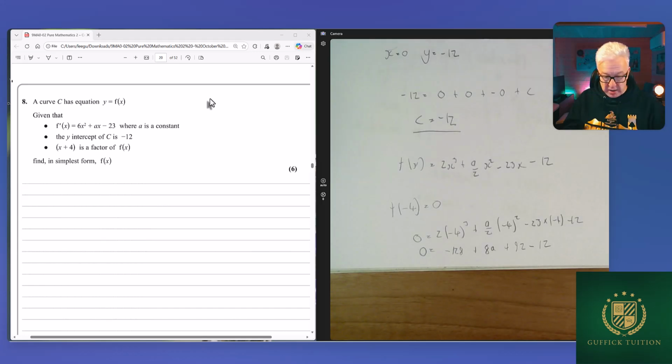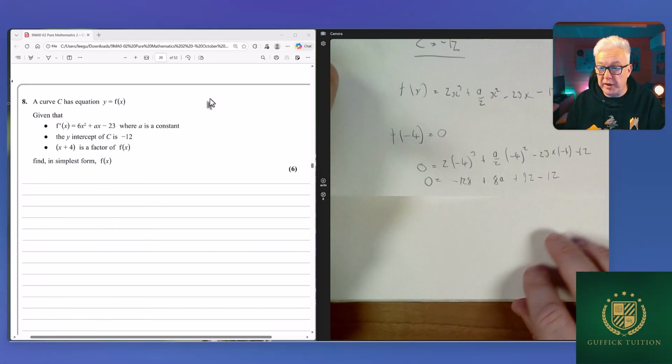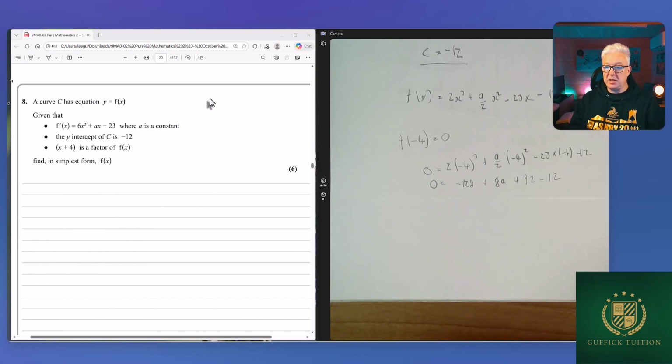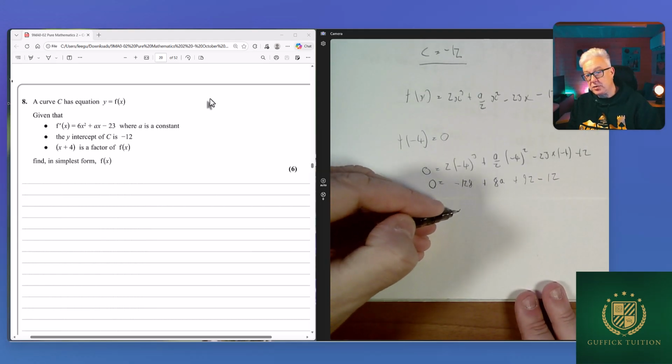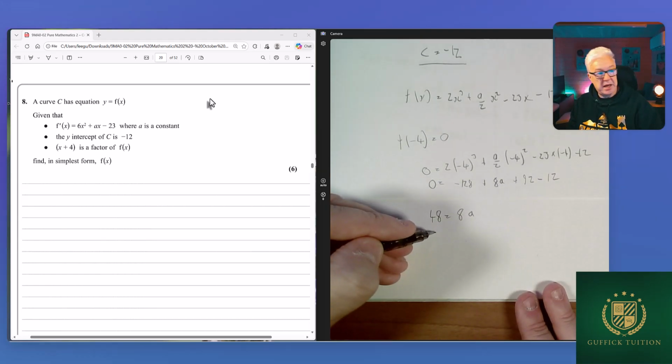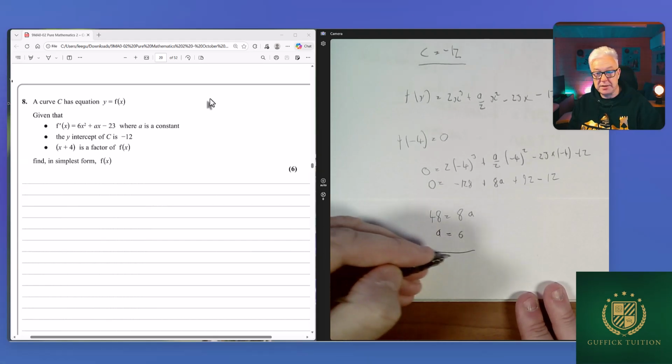From here, all we need to do is get this whole thing over to one side and solve for a. So we're going to add the 128 over to the left hand side, take off 92 and add on 12, and that's going to give us 48. So 48 is equal to 8a, and 6 8s are 48, so therefore a is going to equal 6.